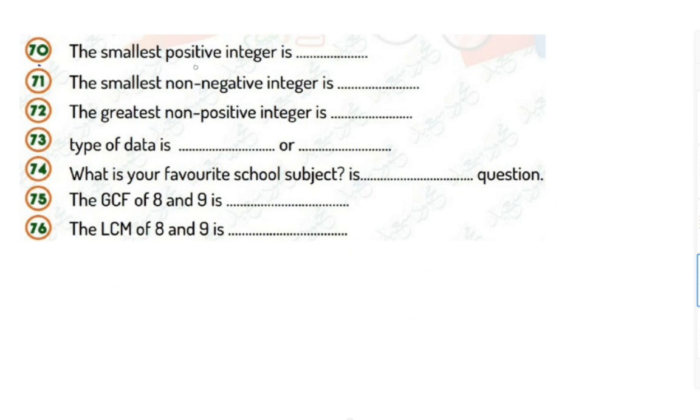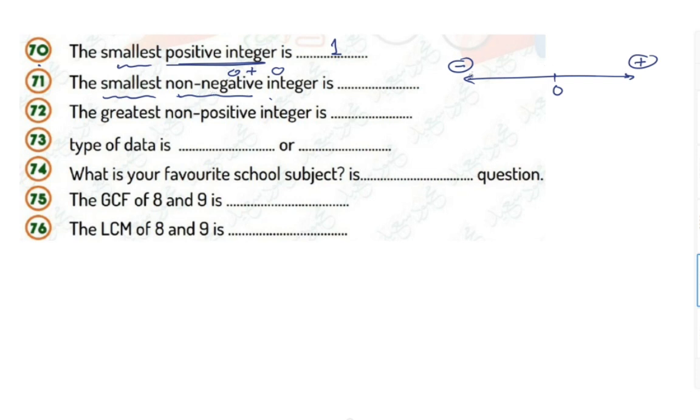The smallest positive integer. We're talking about positive, right? So smallest positive is just 1. Smallest non-negative. Non-negative means 0 and positive, because on the number line we have 0, positive and negative.